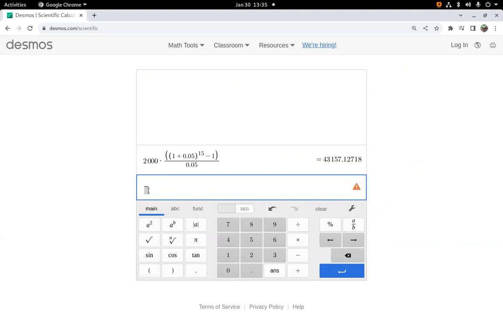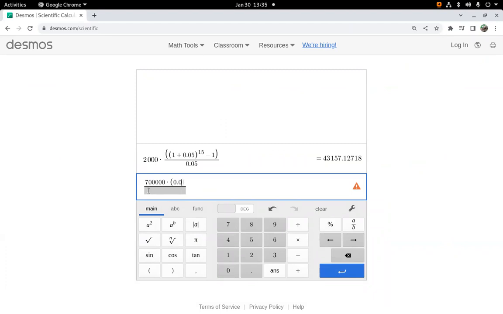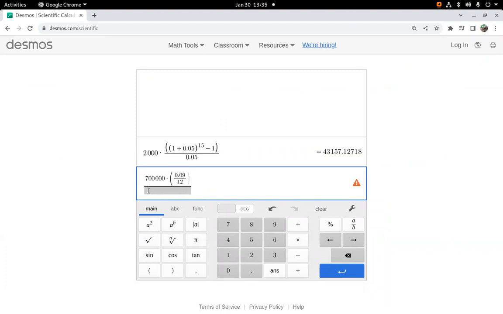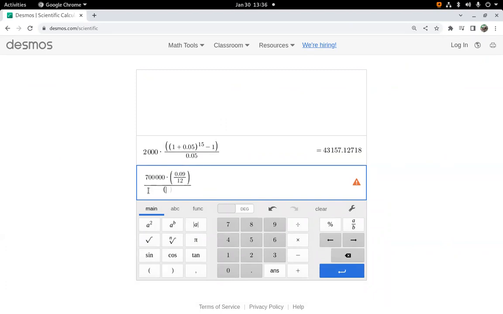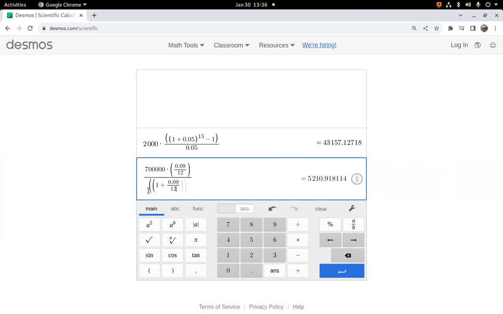To be in the numerator, you type the fraction first. 700,000 times parentheses our rate, 9%, split over 12 months in a year, divided by parentheses, 1 plus our rate, split into 12 months, get to the right of that to close the parentheses, then use your power, parentheses, because you have to do a multiplication in the power, 12 times 25, close the parentheses, get out of the power position before you subtract the 1, and close the parentheses.